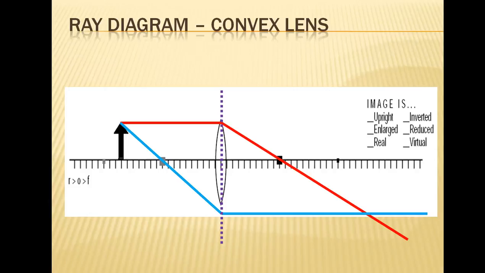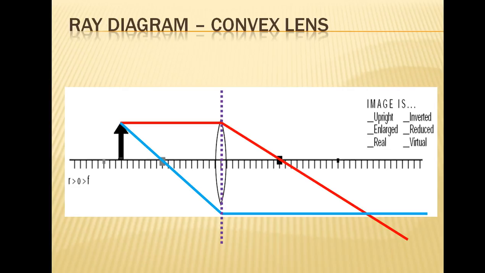Really important to make sure that line is actually parallel. Now, if I stop right here, I know that anytime I have two non-parallel lines, I'm going to have an intersection somewhere. So I can say I already know that my image is going to be here. If you draw very carefully, you may be correct. However, if you are not good at drawing, or if you've made a mistake, your image will show up in the wrong place. This is why we do the third ray.